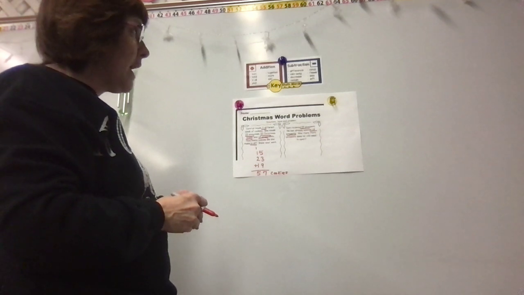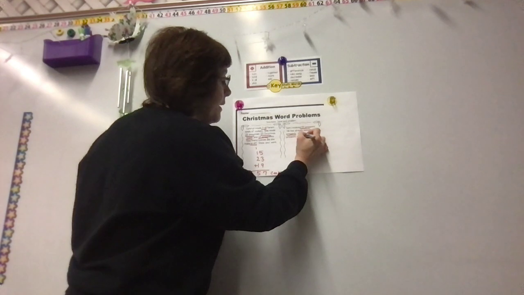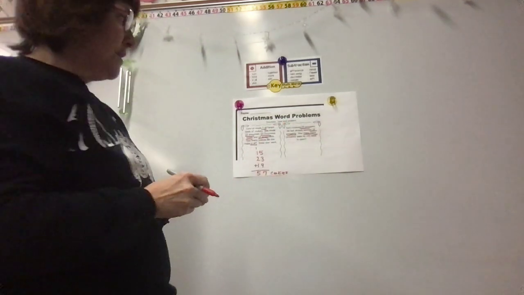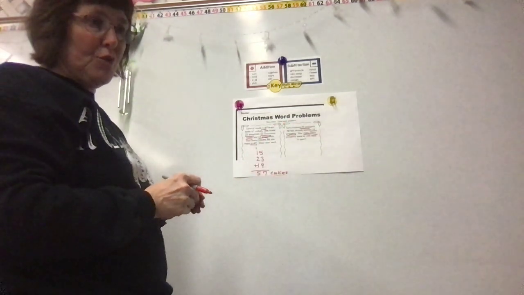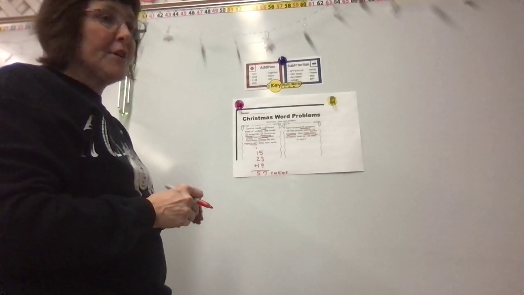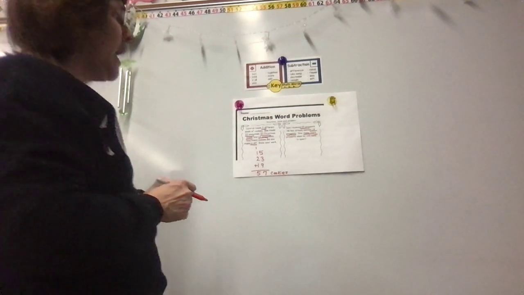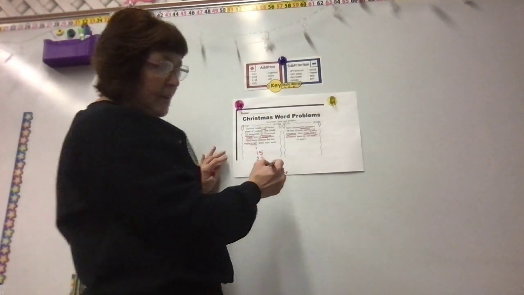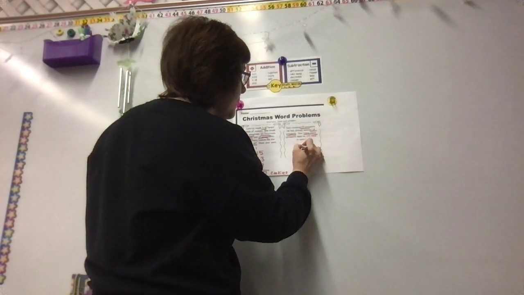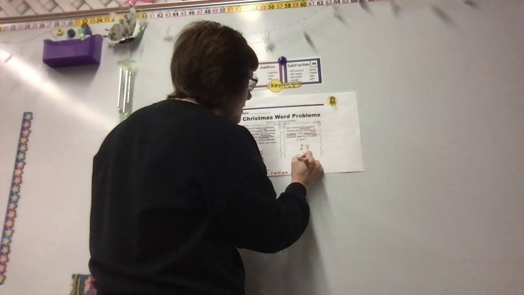And it says, how many more presents does he need to open? This is telling me that I need to do a subtraction problem. Remember, when we are doing a subtraction word problem, we always start with that bigger number on the top. So being 23 is bigger than 18, I'm going to start with 23 minus 18.